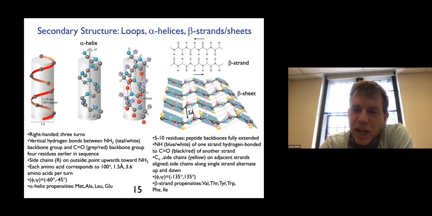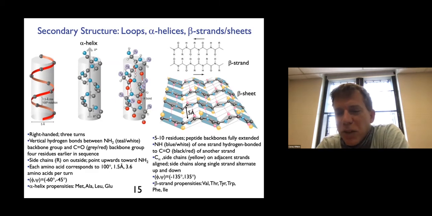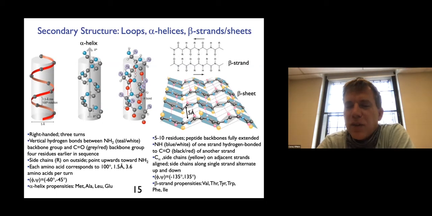And for beta strands, they have this -135 degrees and 135 degree conformation. And then if multiple amino acids are taking on those particular backbone dihedral angles, then you can form these secondary structure motifs.